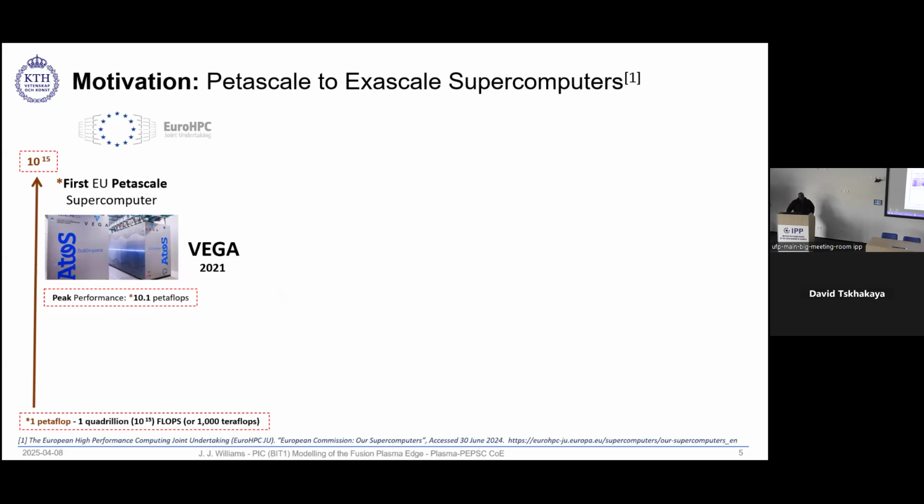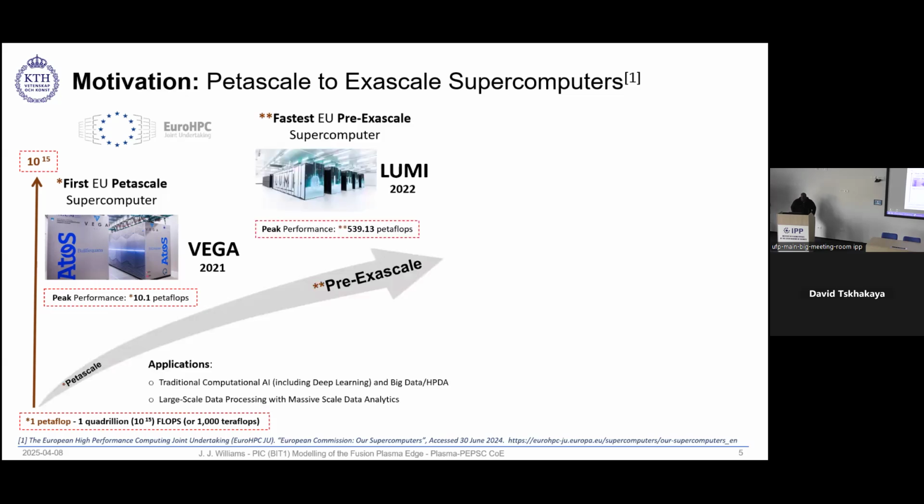A lot of this is happening in the US and in Asia. They have their supercomputers, but we're talking about Europe. The first supercomputer in Europe was Vega, the one that you're having access to. And the fastest, I would say the pre-exascale, is LUMI, which you don't have access to, which is the pre-exascale system. And you have these traditional simulation codes that you need to go, but there are several of them.